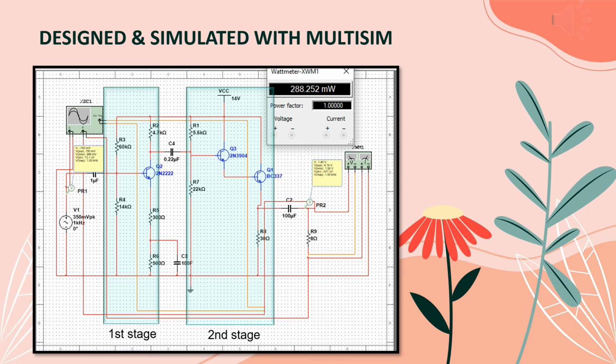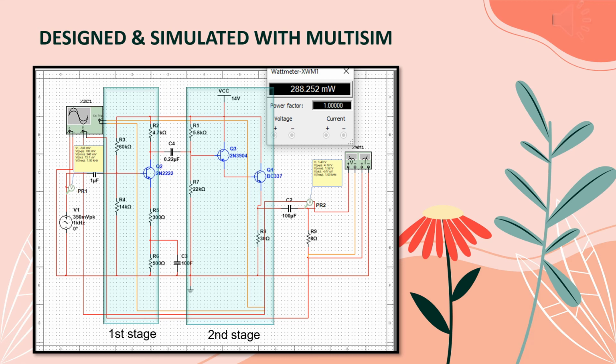BC337 is in the second stage because it provides more gain and a longer output waveform owing to a higher power gain. However, Q3 is a 2N3904 NPN transistor which can only handle a maximum of 300 mA, whereas Q1 can handle a maximum of 700 mA and Q2 can handle a maximum of 800 mA.